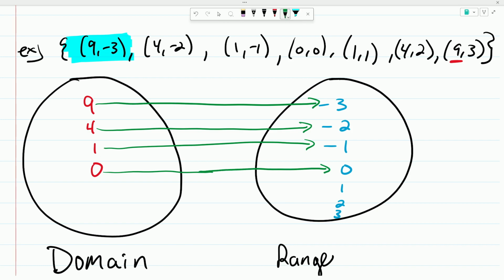My bad. All right. 1 goes to +1. 4 goes to +2. And 9 goes to 3.